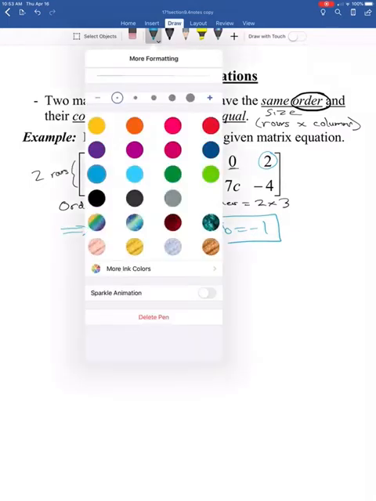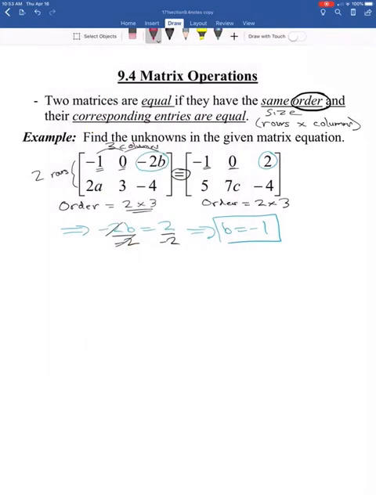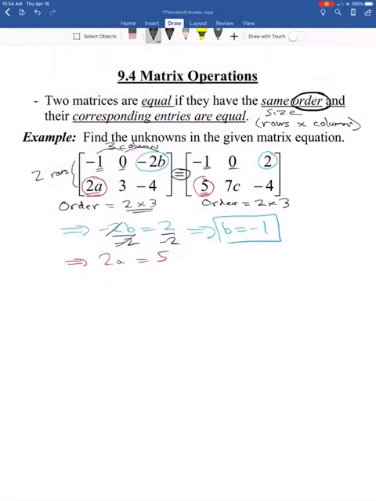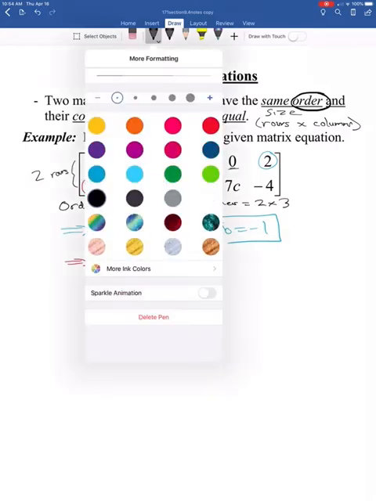If we go to our second row of entries, look at row 2, column 1. So again, we've got 2a, and over here in the corresponding row 2, column 1 entry, we've got a 5. So again, to be equal, that implies 2a must equal 5. So now we've got an equation which we can go solve. So as we solve for a, what do we come up with?